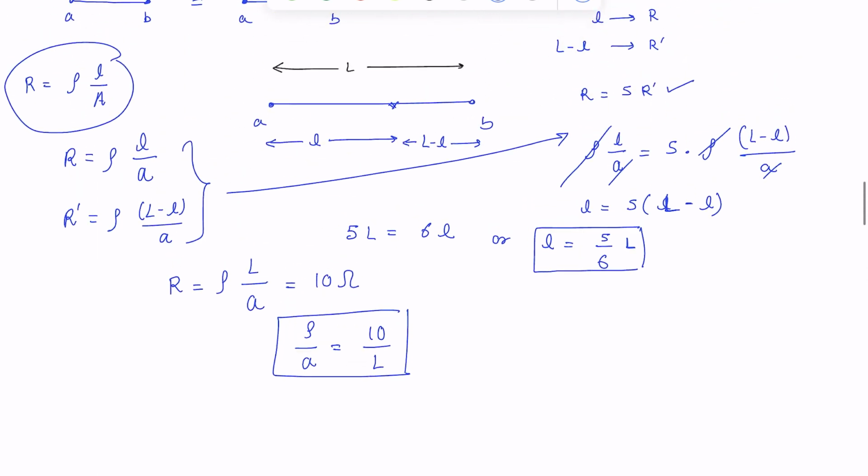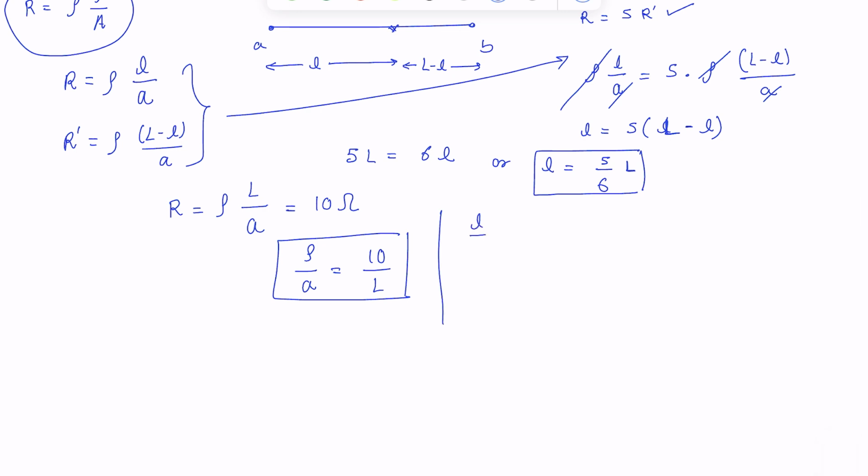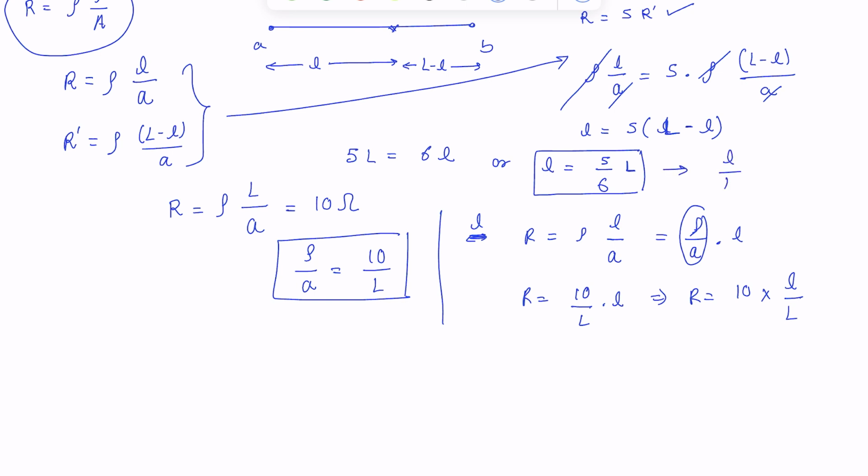Okay, so let's say I'm trying to figure out the resistance of length small l, this piece. It's going to be R equals rho l over A. But we already know that I can write this as rho over A times small l, and rho over A is 10 over capital L. So it's going to be 10 times small l over capital L. And from here we know that small l over capital L is 5 over 6.